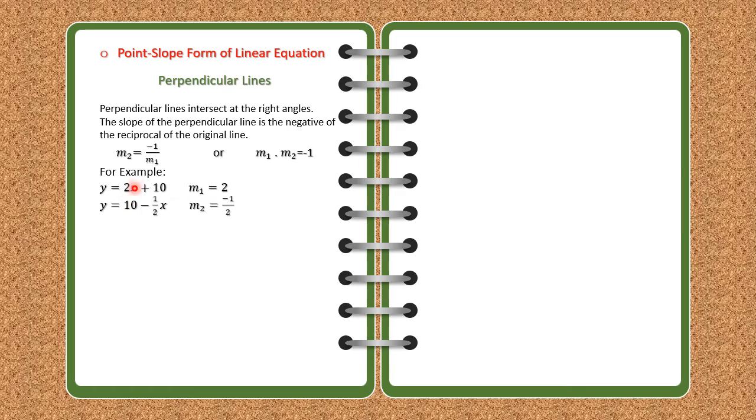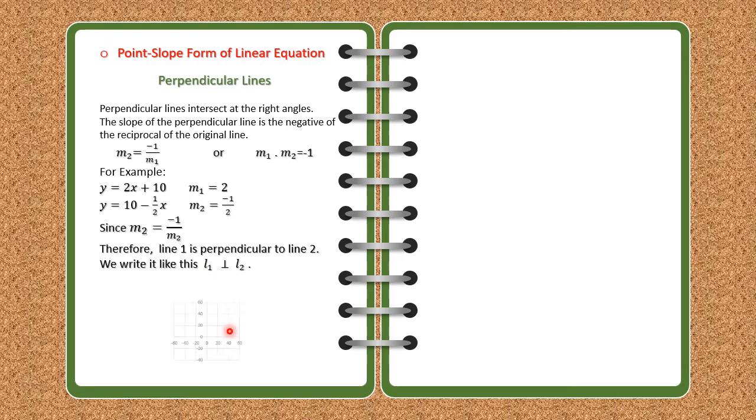Therefore, these two lines intersect at a right angle. They are perpendicular. We write it like this: line 1 perpendicular to line 2. If you draw them, this is line 1 and this is line 2, and you can see the angle here is 90 degrees.